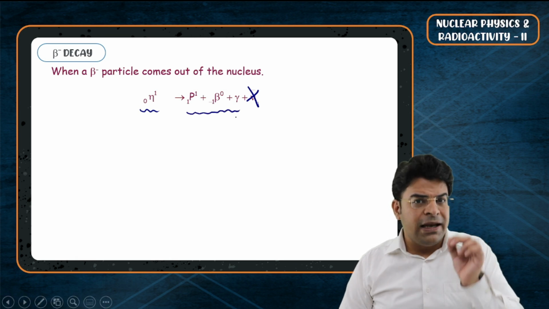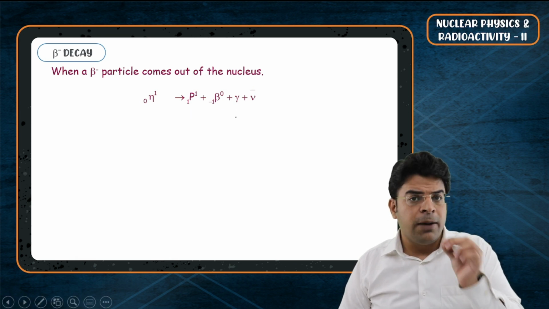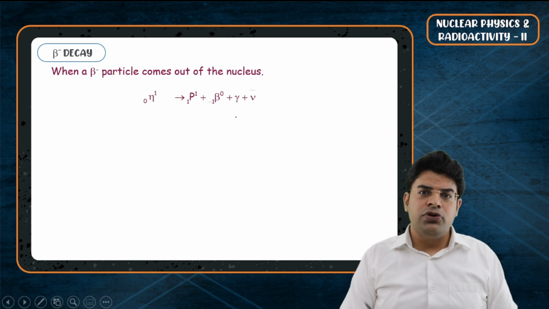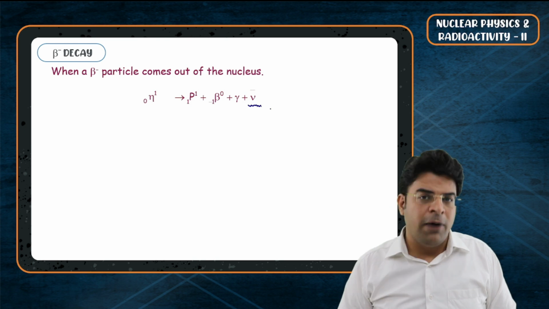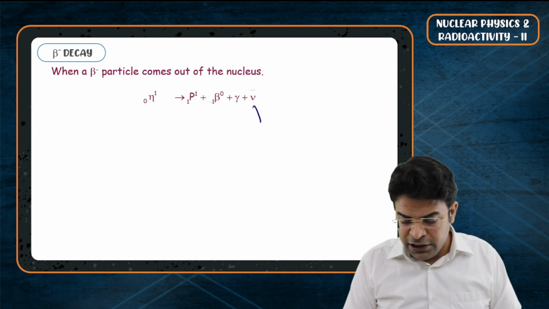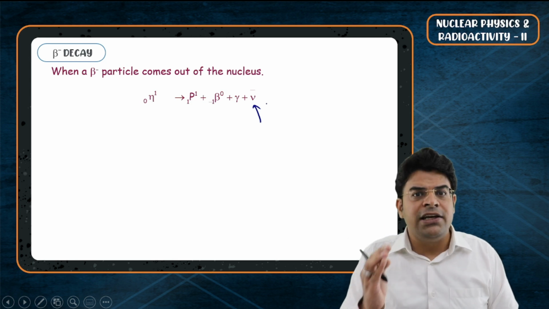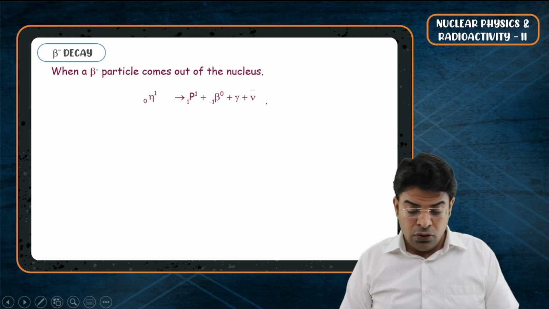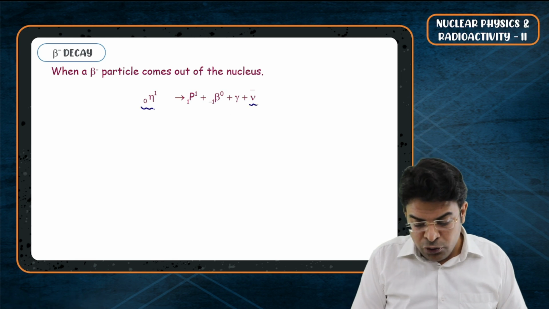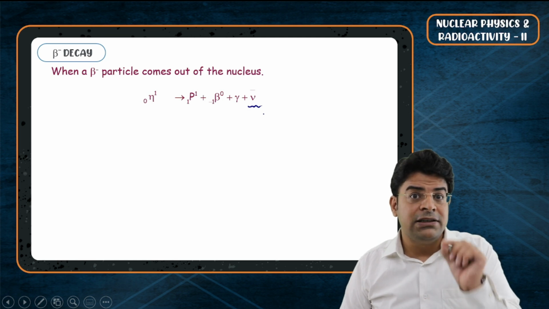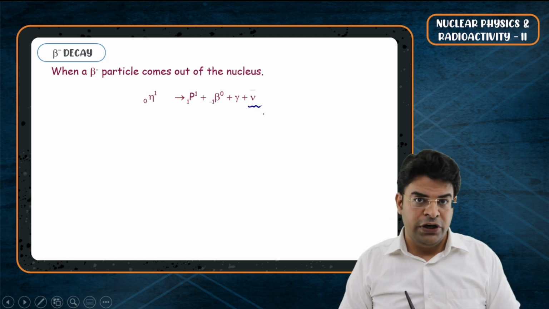So as to balance the spin, Wolfgang Pauli, the same guy who gave Pauli's exclusion principle, proposed that there has to be one more type of particle, and he called it antineutrino for this particular case. And it was later discovered after many years that yes, it exists. So do remember that every time a neutron dies, an antineutrino is born. It is placed here to balance the spin on both sides of the equation.